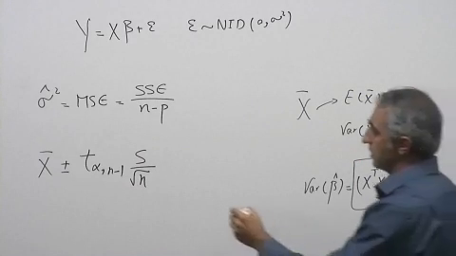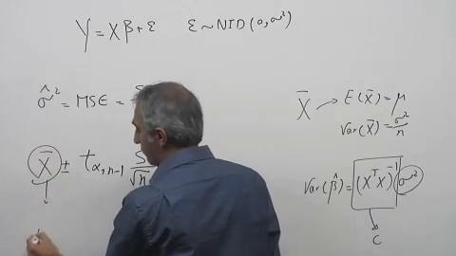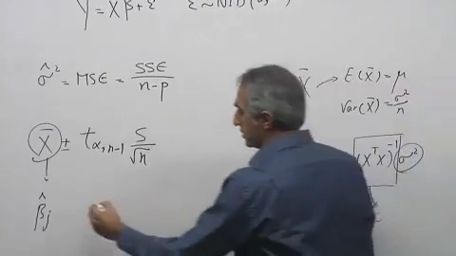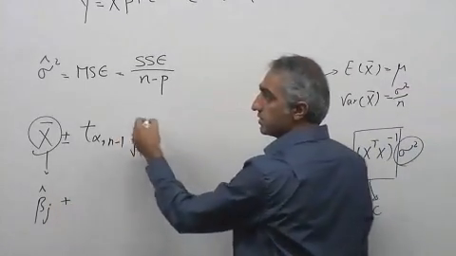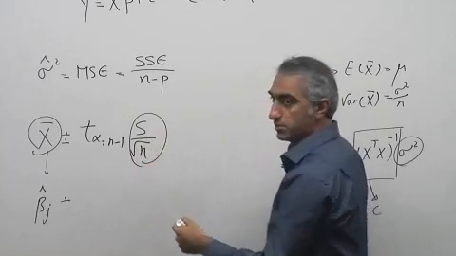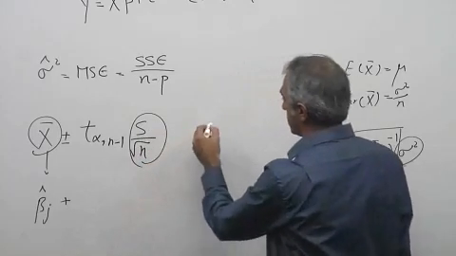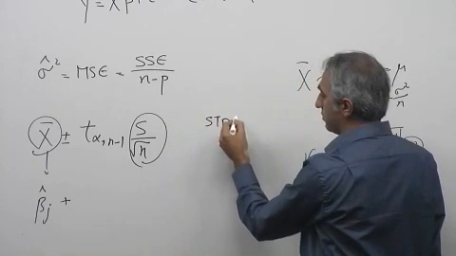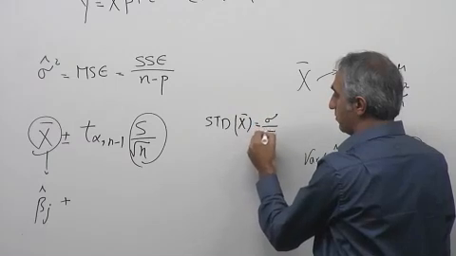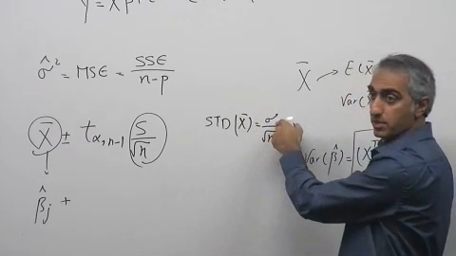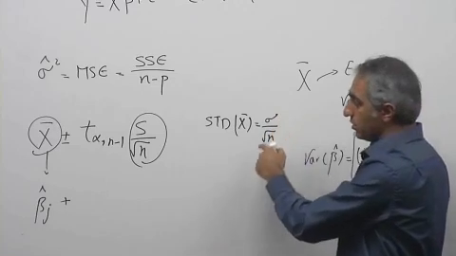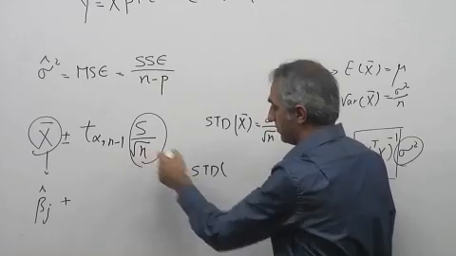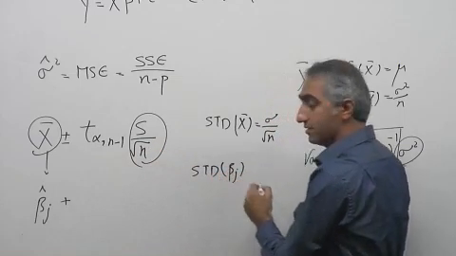Now let's see. Instead of mu, I have beta hat j. Okay? T, instead of s divided by square root of n, because it was the standard deviation of x bar. Standard deviation of x bar is sigma divided by square root of n. We estimate sigma with s. So now we are talking about, instead of this, the standard deviation of beta j.